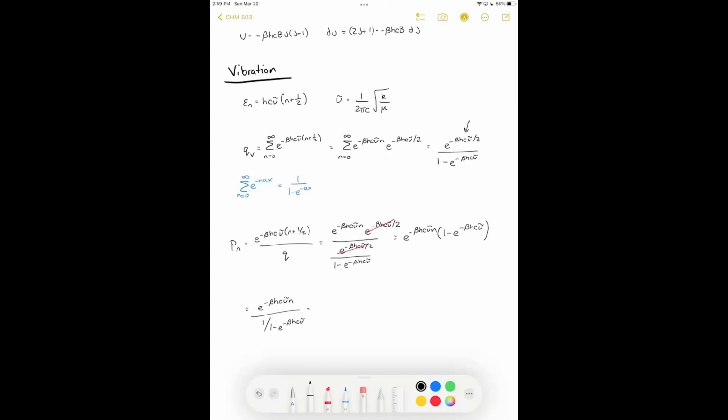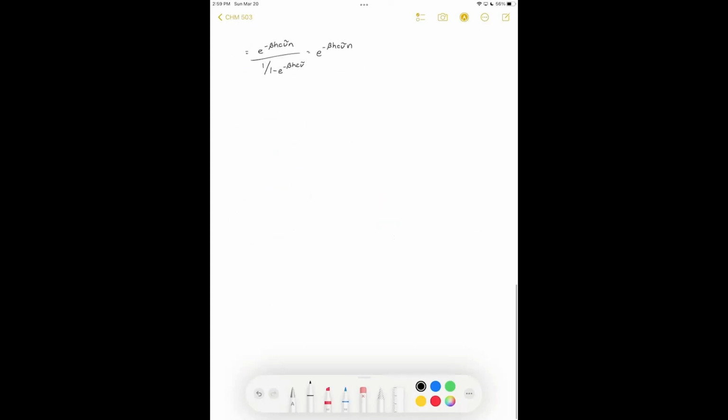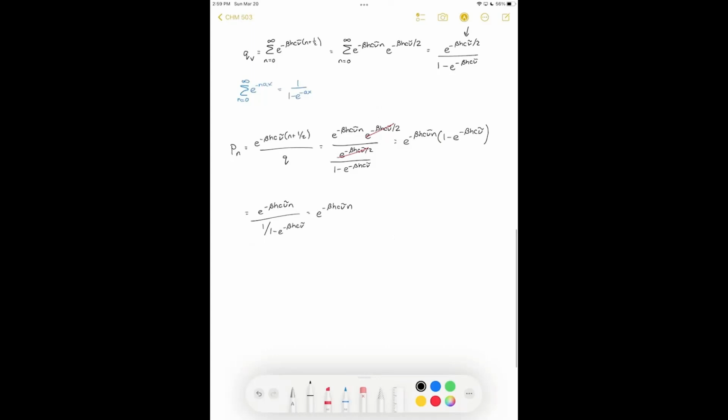And you can see that what that gets us is the exact same thing. So when the zero-point energy is included, it's both in q and in the individual energy levels. When I take it out, it's out of both the individual energy levels and q itself.